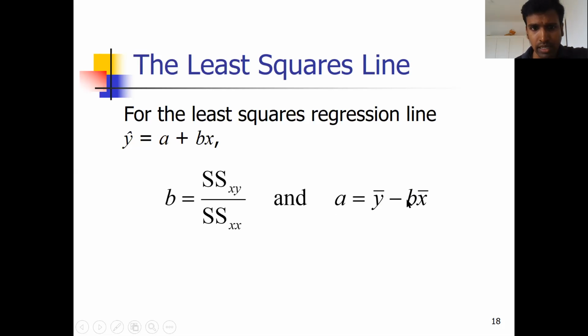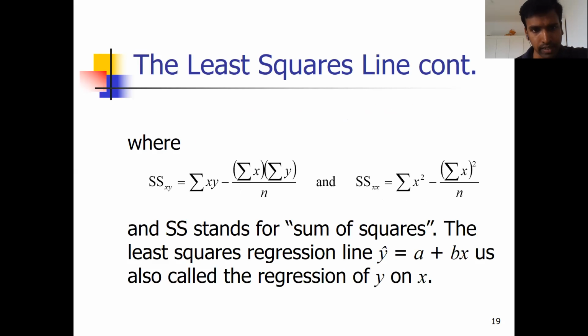And how will you compute b? To compute b, you're supposed to find the sum of squared errors of x and y, and the sum of squared errors within x. And how do you find SS xy, the sum of squared errors of x and y? You have a formula here, which says it is the summation of x y minus the summation of x times the summation of y divided by n.